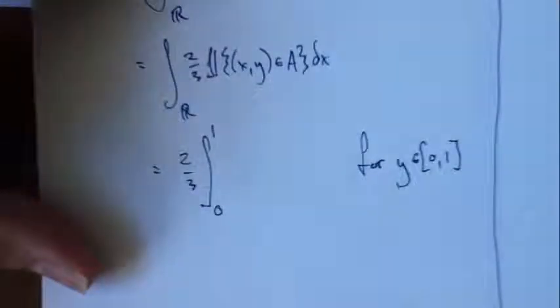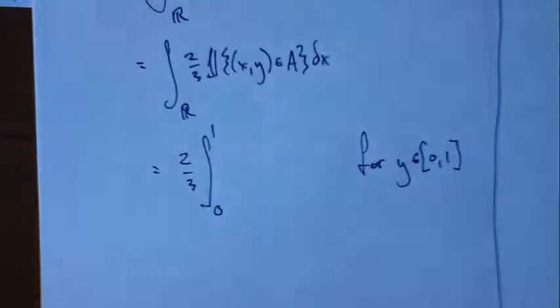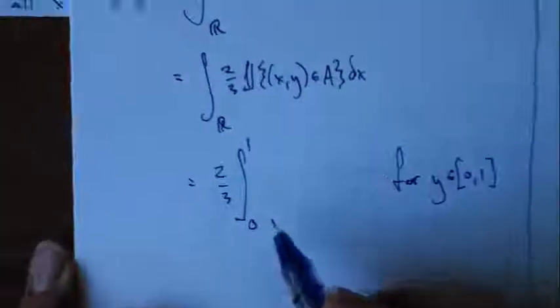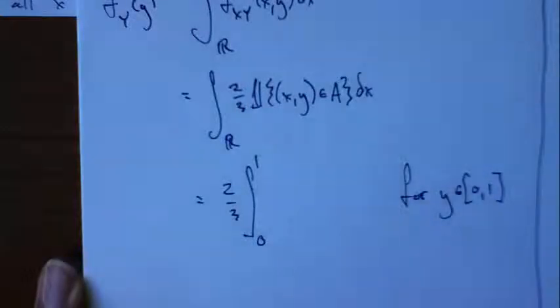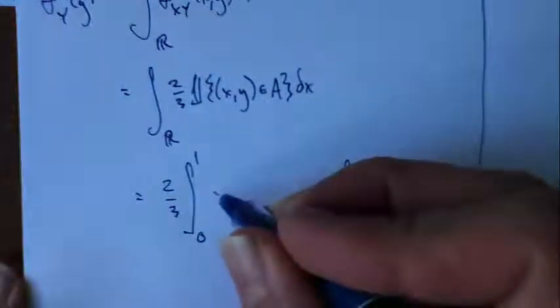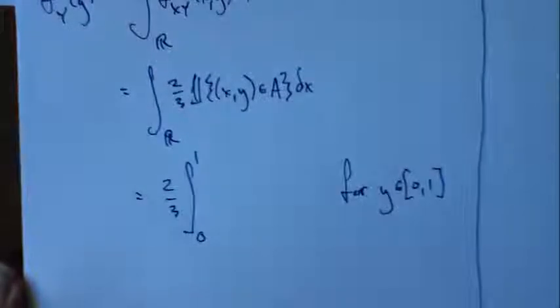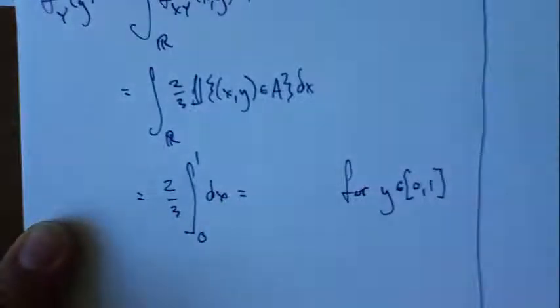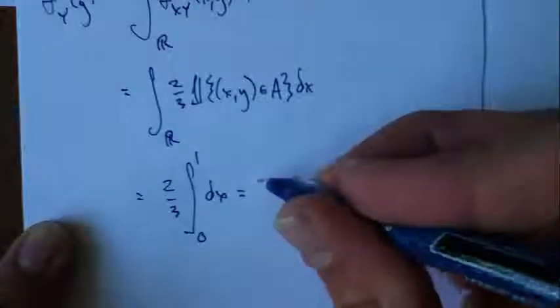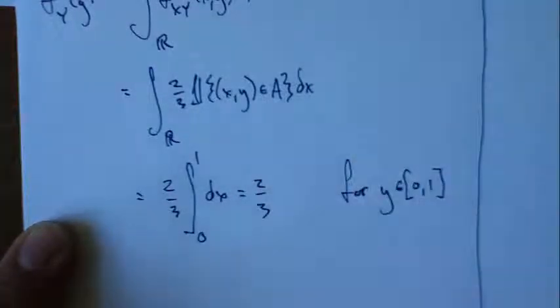If y is between 0 and 1, then this is going to be 2/3 integral from 0 to 1 dx, which comes out to be just 2/3, I think.